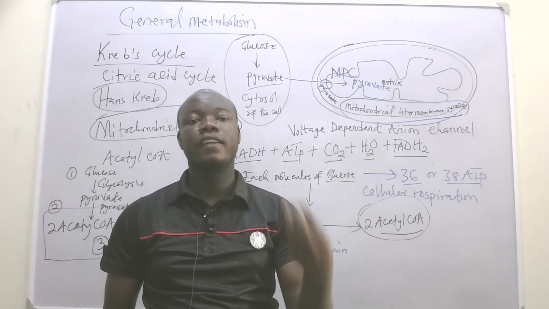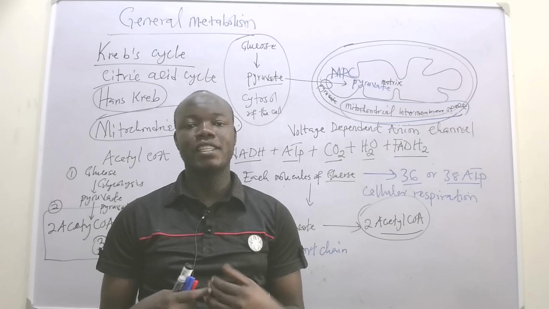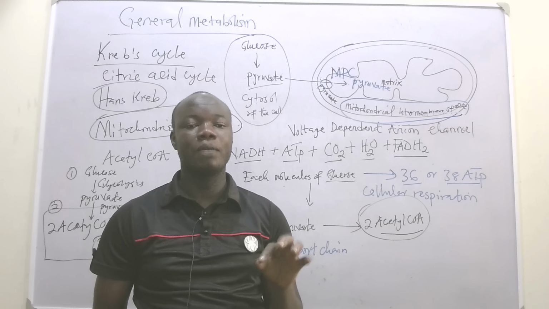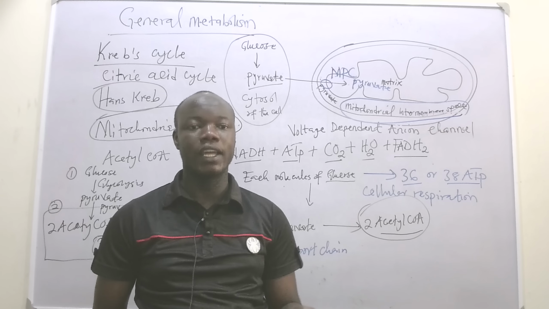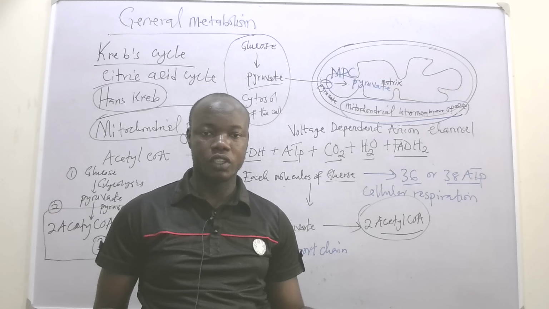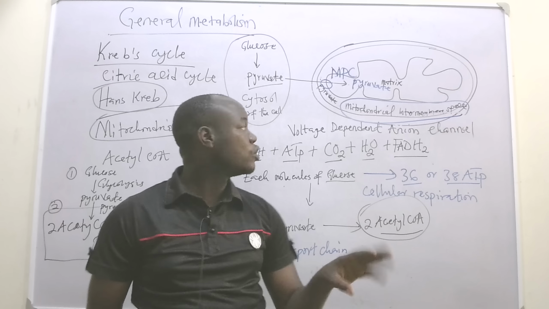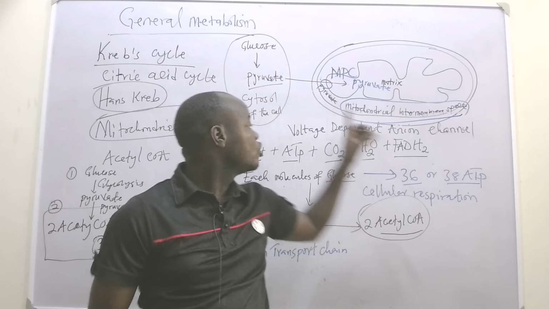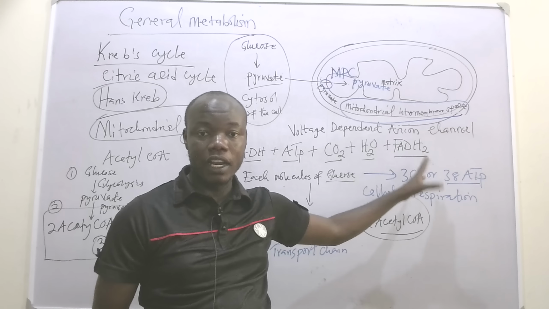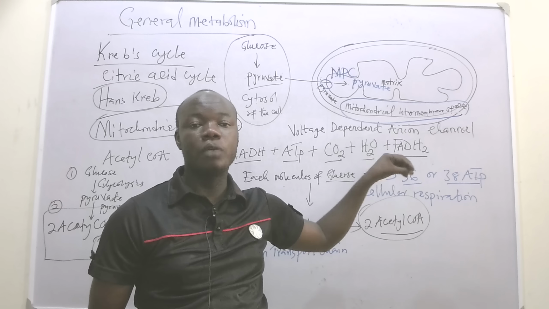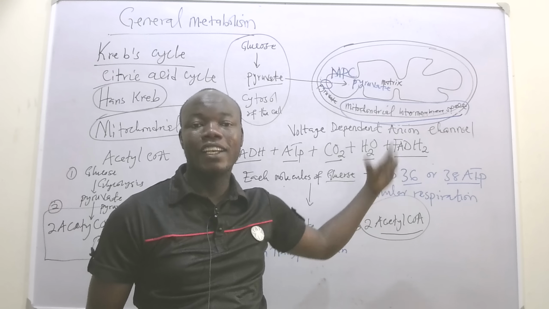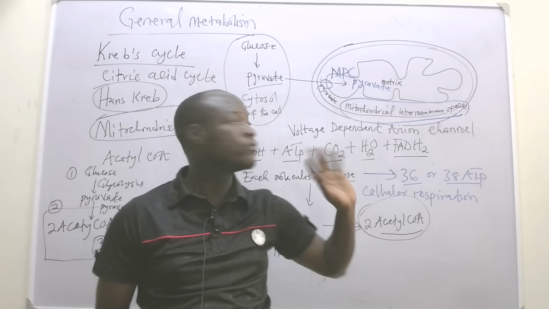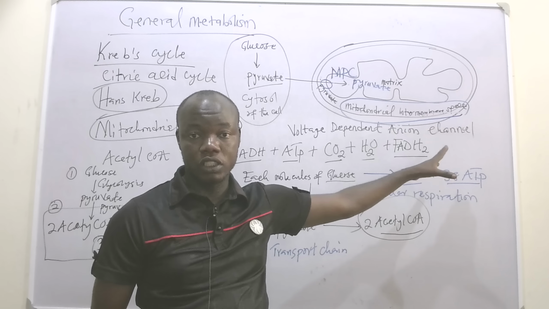So first, this pyruvate gets into the mitochondrial intermembrane space using the voltage-dependent anion channel, a channel used to transport large molecules, and it is a non-selective method.